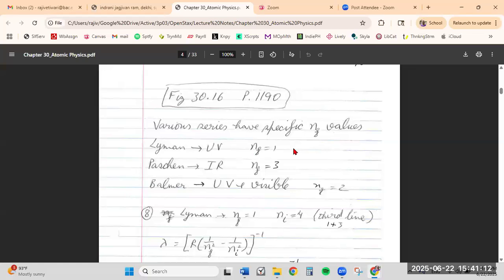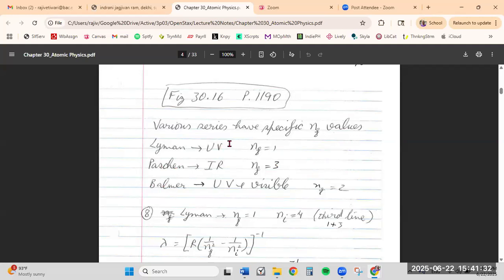If NF is 1, the different possible values of Ni will give you what's called the Lyman series of lines of spectrum. If NF is 3, then we get the Paschen series. If NF is 2, we get the Balmer series.